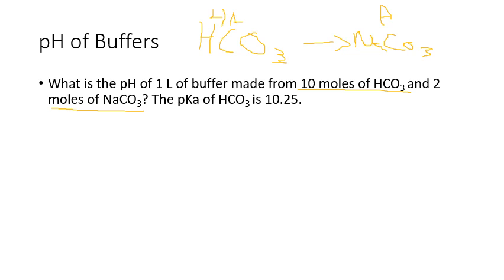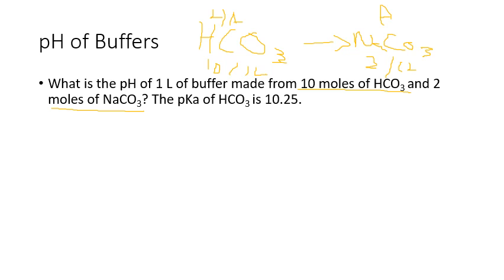So if you look at the NaCO3, that was 2 moles in 1 liter. And then the HCO3 was 10 moles in 1 liter. So we can figure out the concentration of the HCO3, the HA component. We can figure out the concentration of the CO3, the A component.